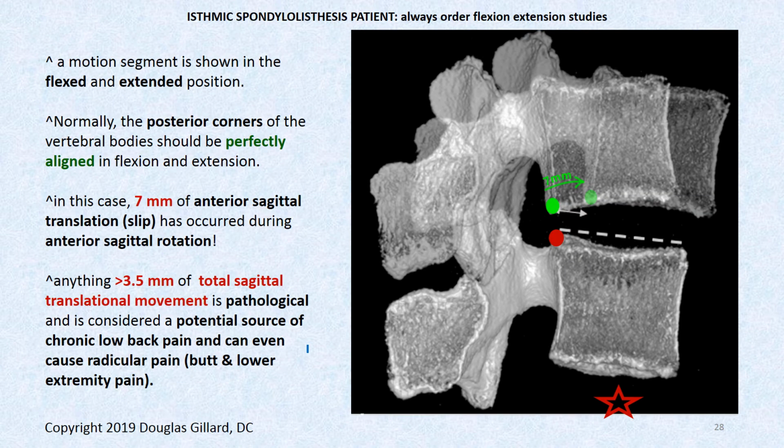So here's kind of a motion study. So here's a motion segment. Notice when it's in place, these two dots line up really nice. But when this patient bends forward, this bone doesn't do anything, but this bone slides way out here. Now we could say it sagittally translates. In fact, we can measure the sagittal translation, and it is about 7 millimeters.